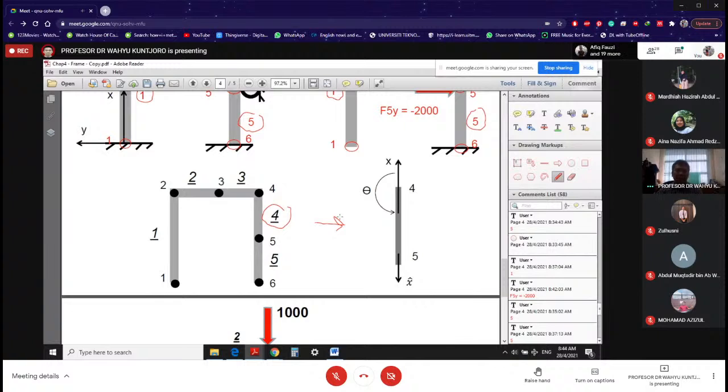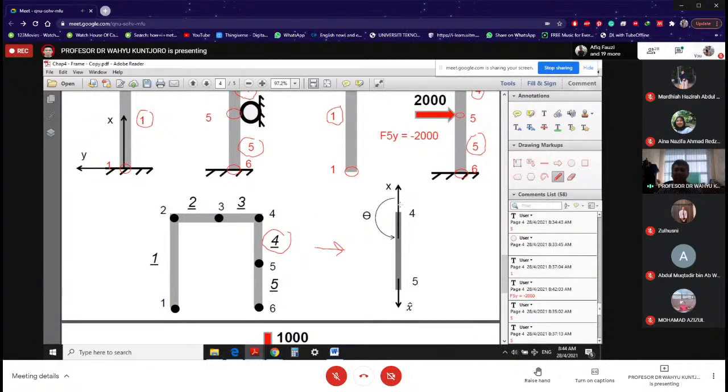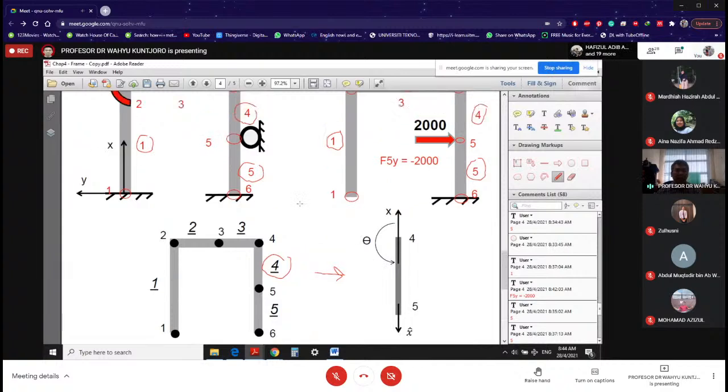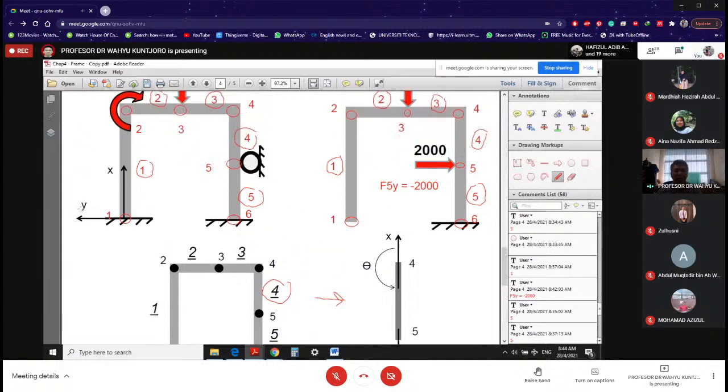So that is element number 4, which connects node number 4 and node number 5. Please observe this one. So that is the theta. Why is theta measured in that way? Remember, your positive global axis X is vertical upward, right?